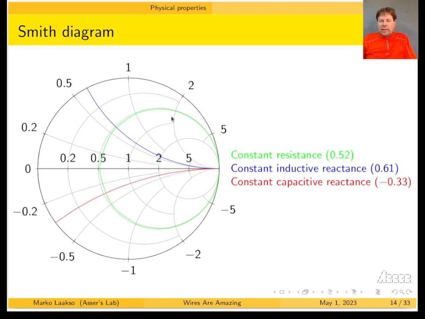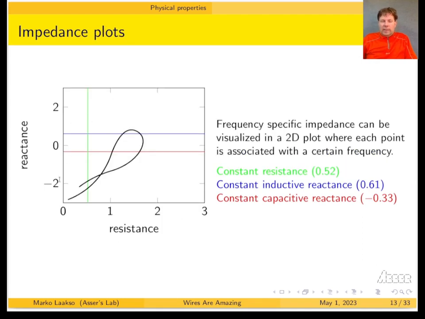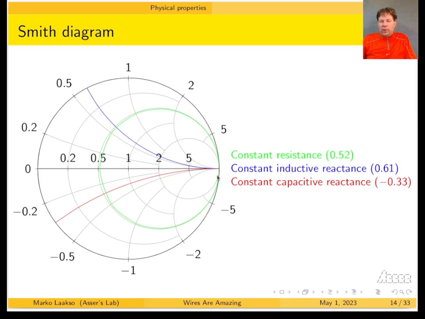You can see that now this vertical constant resistance curve makes a circle in here. These Smith diagrams are often calibrated for some nominal impedance. In here we have one, but that could be, for example, 50 for a typical 50 ohm coaxial cable, or say 75 ohms or so.